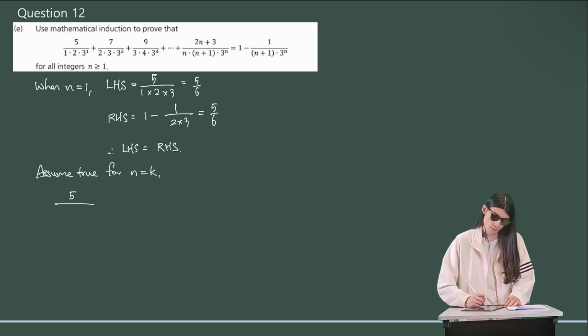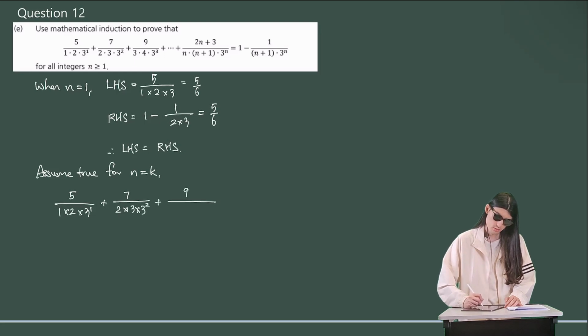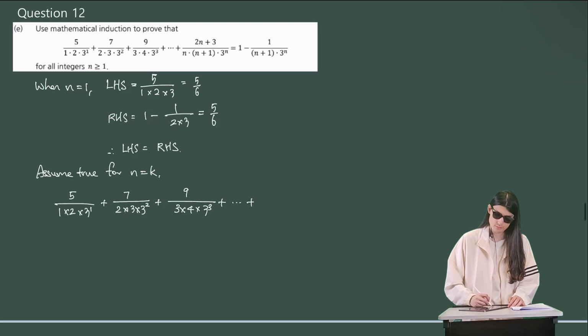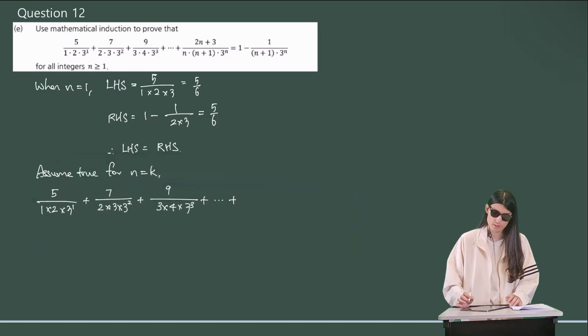Which involves us rewriting the given statement but just replacing every n with a k, so that last term of the sequence on the left hand side, 2k plus 3 over k times k plus 1 times 3 to the power of k.